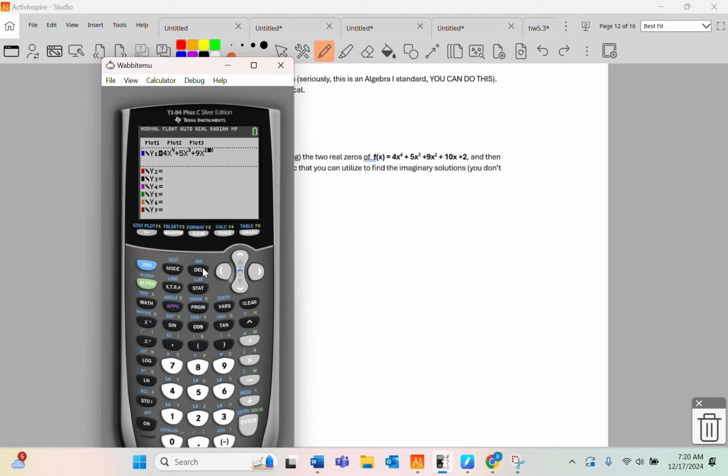Pay attention to where your cursor is when you're playing along. Plus 10x plus 2. Anyways, we're going to do a zoom 6, the way you were taught.